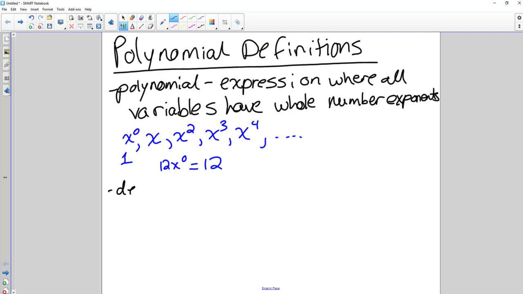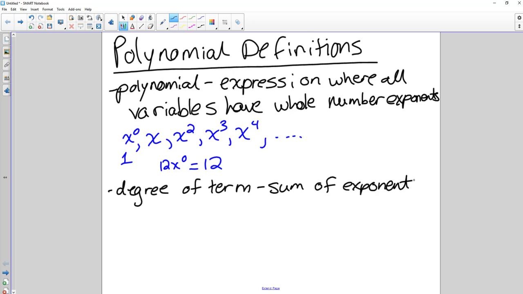Next, the degree of the term. Degree of the term is the sum of exponents of all variables. Sum of exponents of all variables. And remember what the term means. What the word term means is an expression all multiplied together. Could be different coefficients and variables, no plus signs between.